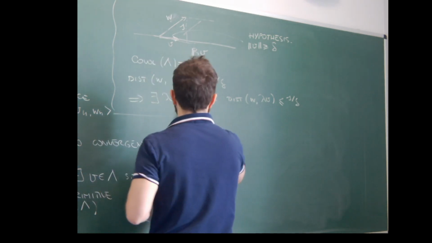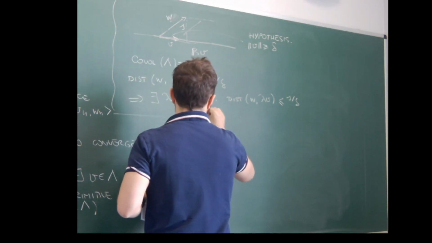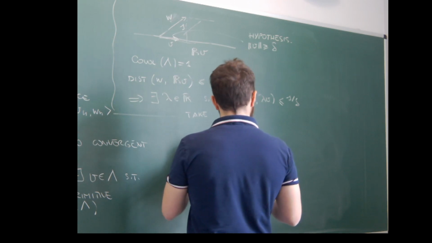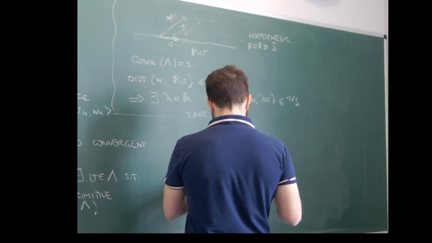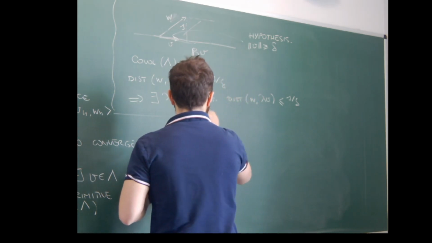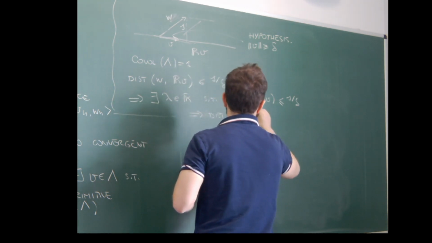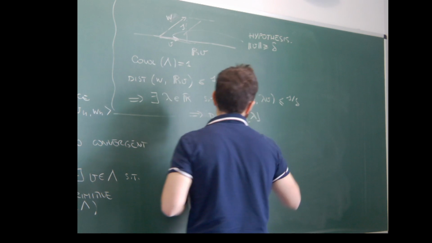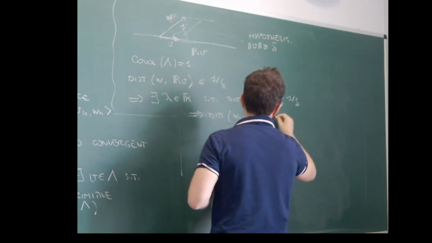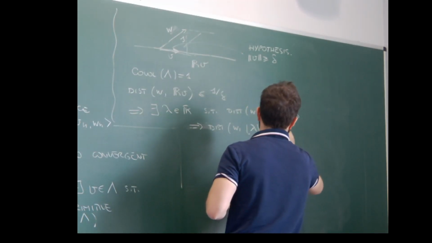Okay, and then this also implies that the distance between w and the integral part of lambda v is less than 1 plus 1 over delta.